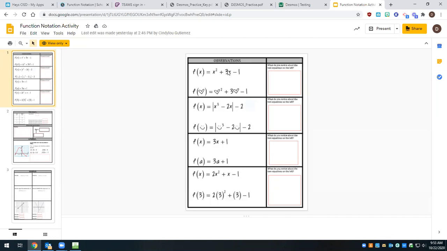But if we're evaluating it by hand, then what I'm going to do is take the value that they are showing me in the problem. So for us, it's f of 8. I'm going to take an 8, and everywhere I see an x in my problem, I'm going to replace it with that number.